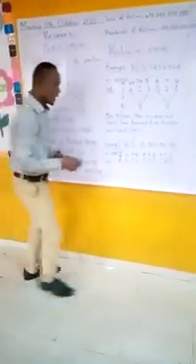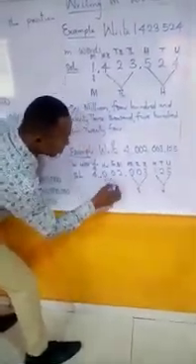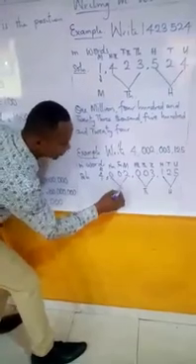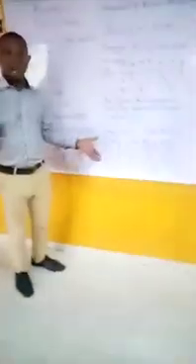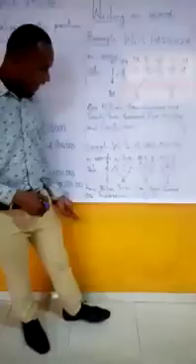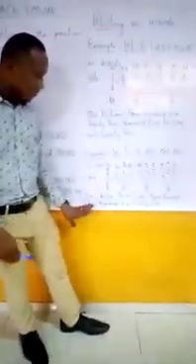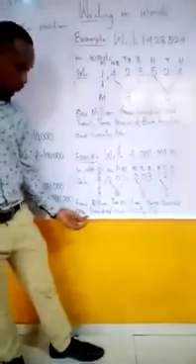Okay, we add all the thousands together, all the millions together, and this represents my billion. And after this, I need to write them out in words. Okay, now you can see I've been able to write out these figures in words.